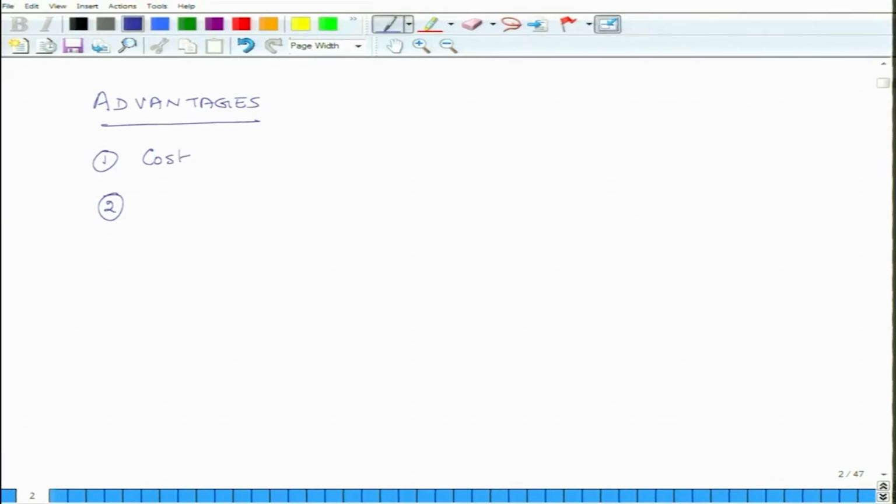Second thing is, again, compared to ceramic and metal based matrix materials, these types of polymer based matrix materials are easy to process. So, cost is less, they are easy to process. Again, easy is a relative term.